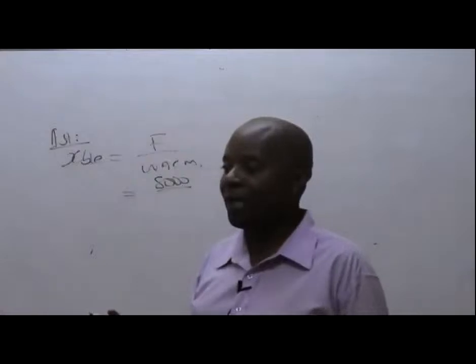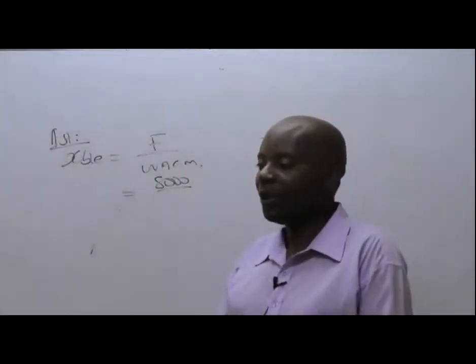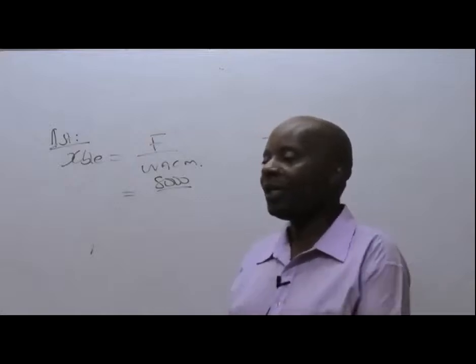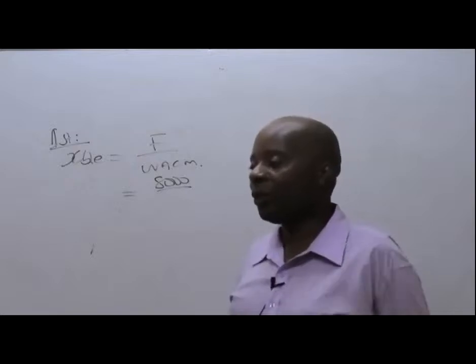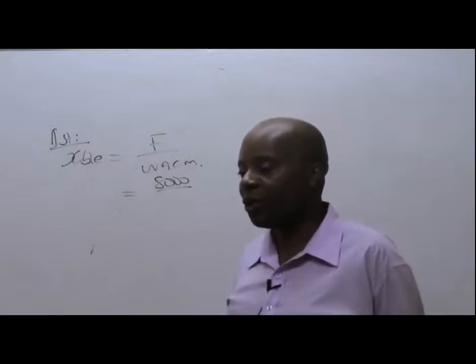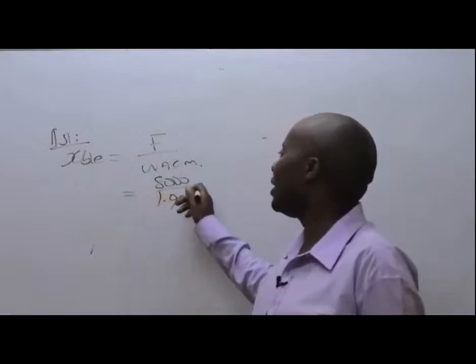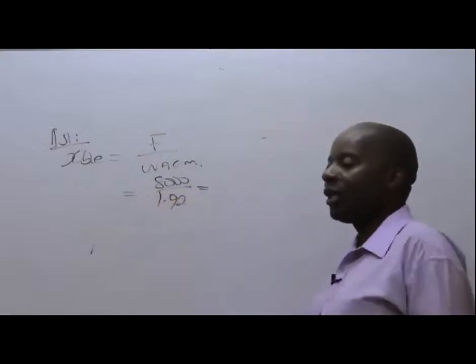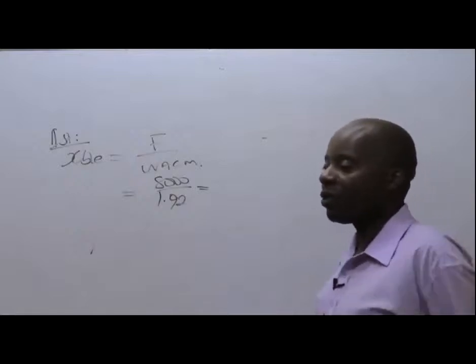Remember, not WACMRI, but WACM. Who is able to give us the WACM? Is it the 1.92? Yes, 1.92. So could you kindly go ahead and do the division? 8,000 divided by 1.92 will give us what figure?